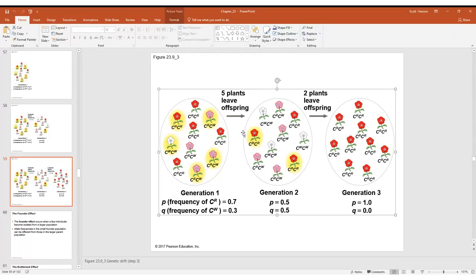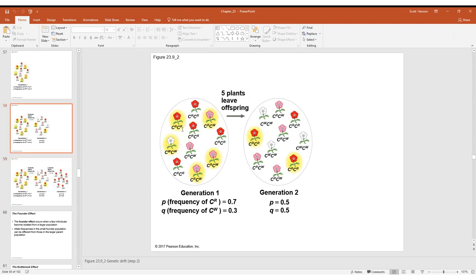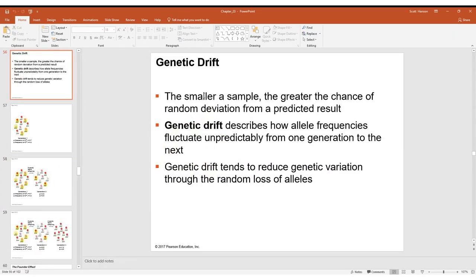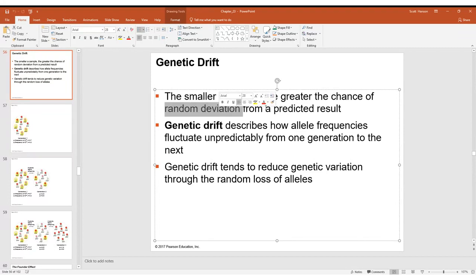And so this is a good example that explains what we were talking about back here. If there's a small number of individuals from a population that are able to leave offspring, then there's going to be a greater chance of some random deviation from a predicted result, or a random deviation from one generation to another.